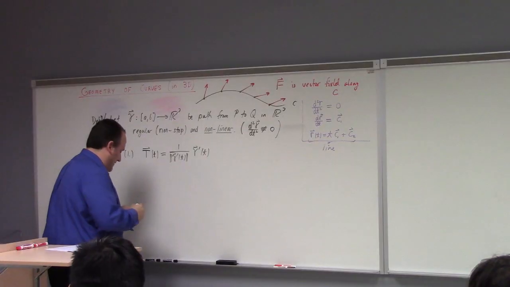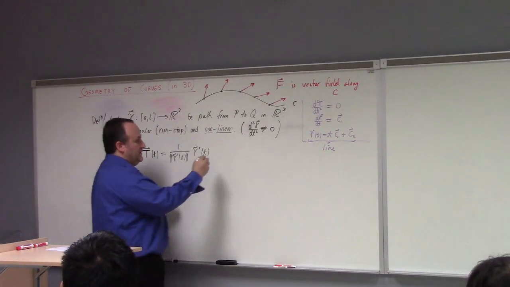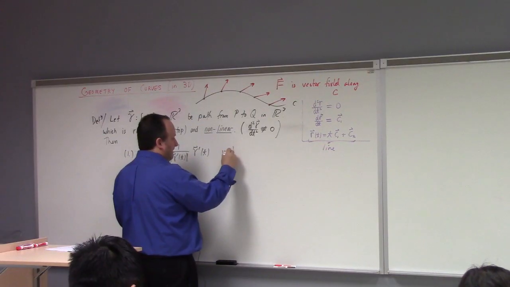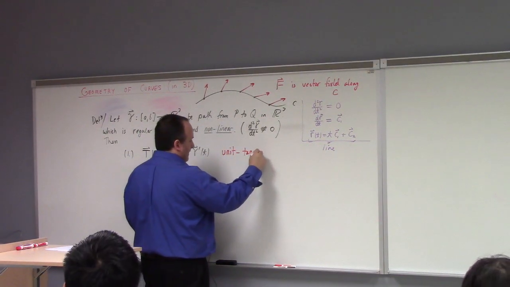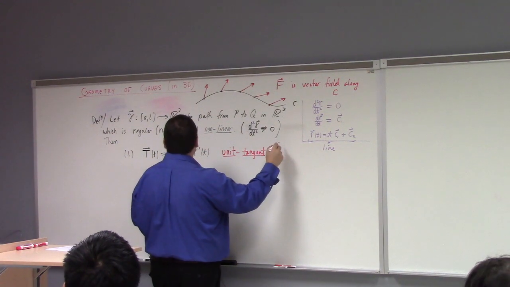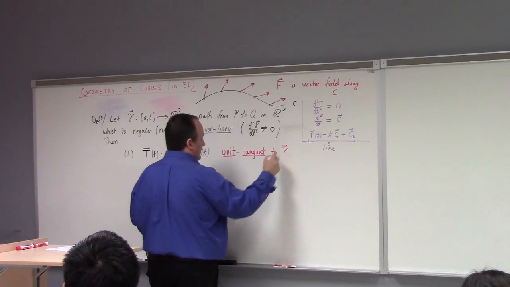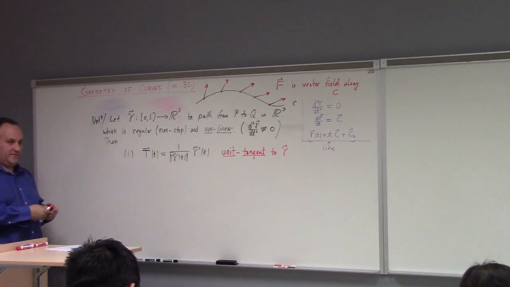This has a name. This is the so-called unit tangent. It's the unit tangent to the curve. Or we might call it the tangent vector field to the curve.